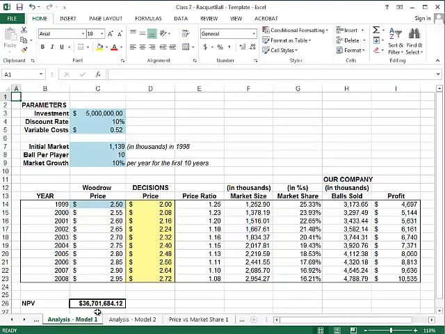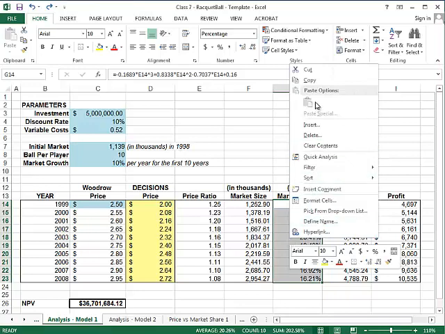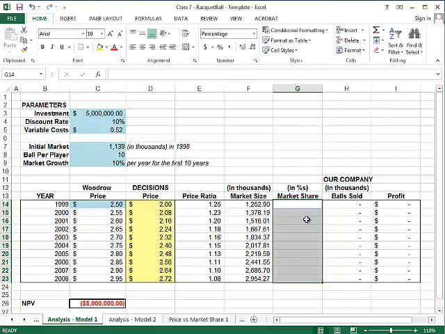Now this is my net present value using the first market share model. Now let's see how this is going to look if I were to use the second market share model. For that, I'm going to remove the market share percentages that were coming from model 1, and I'm going to get market share values from model 2.